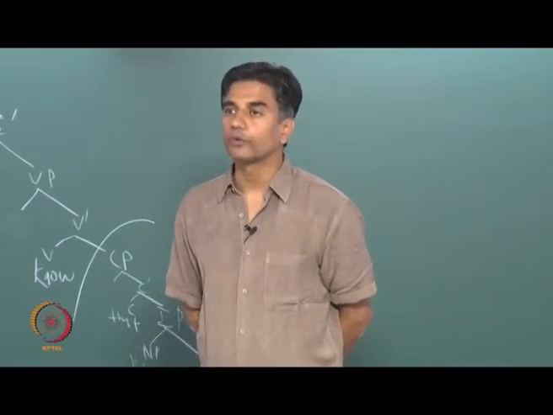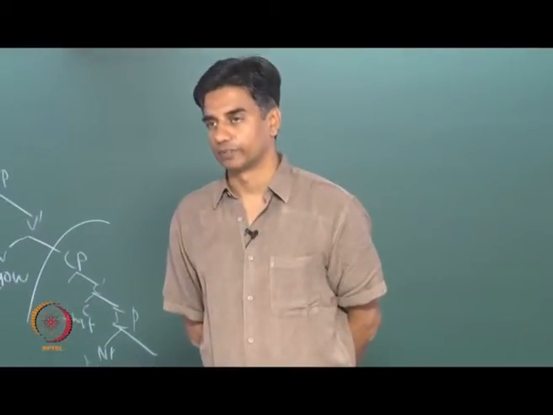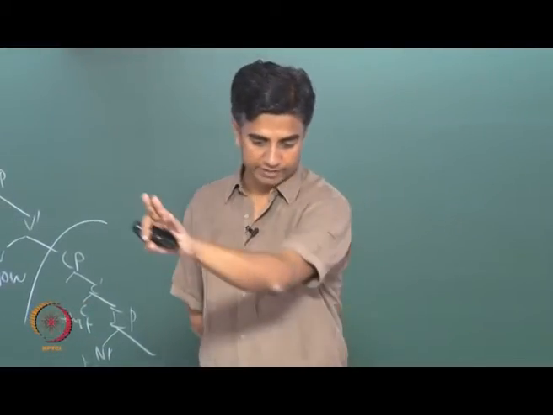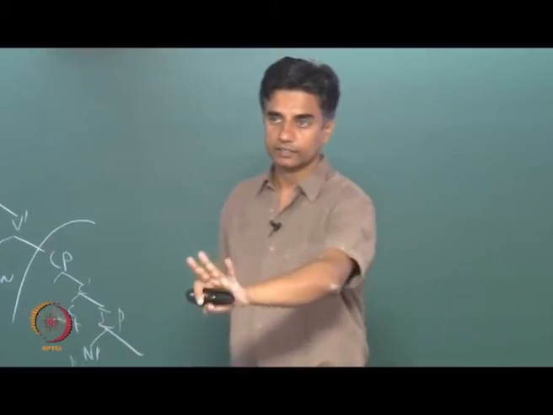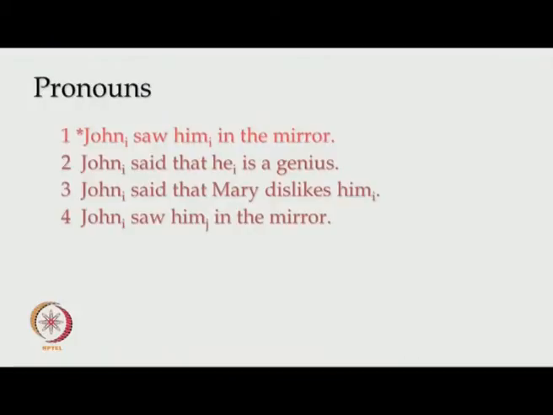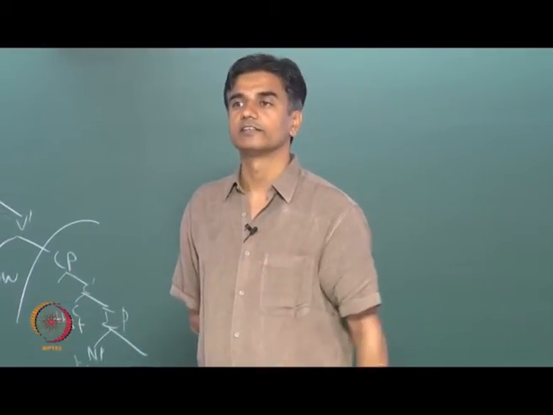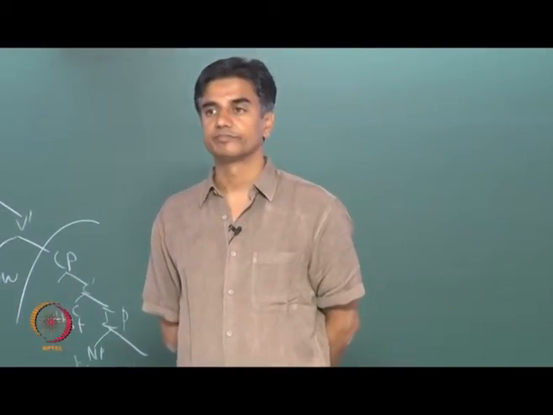So being co-indexed is not just a problem for the pronoun. Please raise your hands if you see that that question is still not answered. John saw him in the mirror is okay if the indices are not the same. So what's going on here in these 4 sentences?